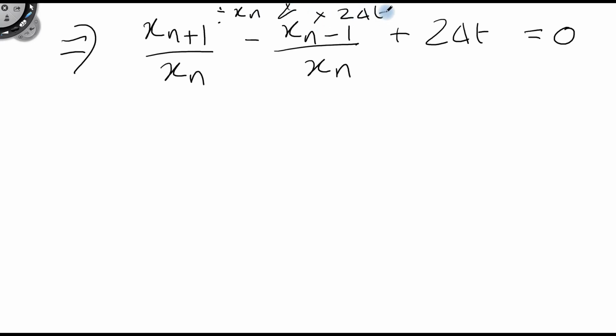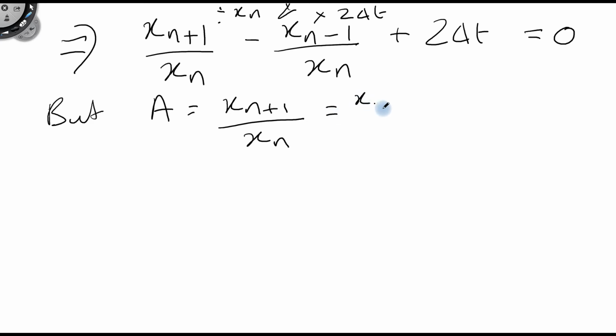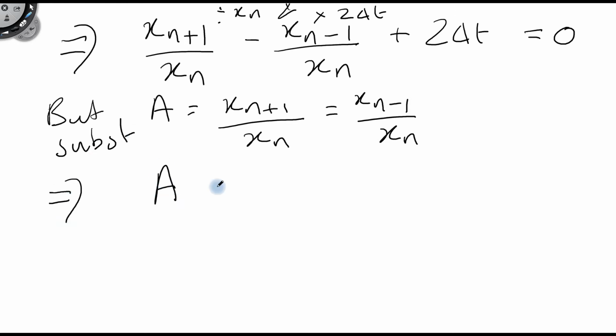Then we can identify that A equals xn+1 over xn, which equals xn over xn-1. So for this first bit, we know that's A itself, and then the second bit, xn-1 over xn, is 1 over A. So we can just substitute for A. That implies A minus 1 over A plus 2 delta t is 0.